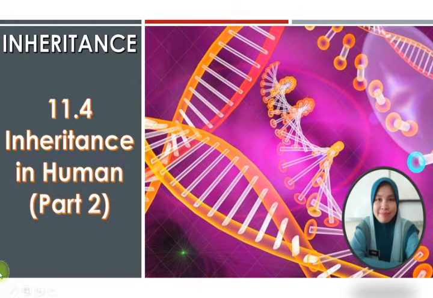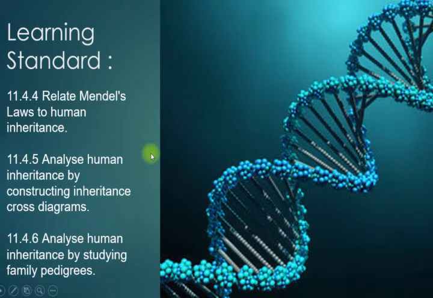Let's take a look at the learning standards that you have to cover for today. There are three learning standards. 11.4.4: relate Mendel's law to human inheritance. 11.4.5: analyze human inheritance by constructing inheritance cross diagrams. 11.4.6: analyze human inheritance by studying family pedigrees.